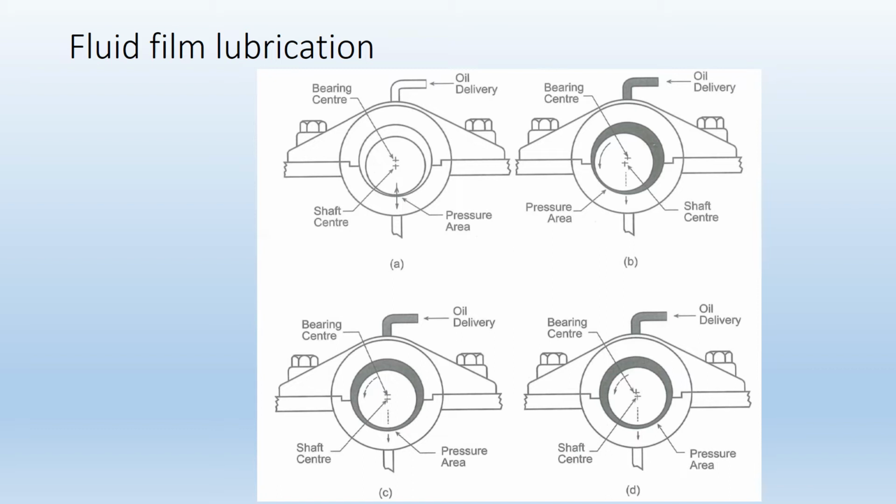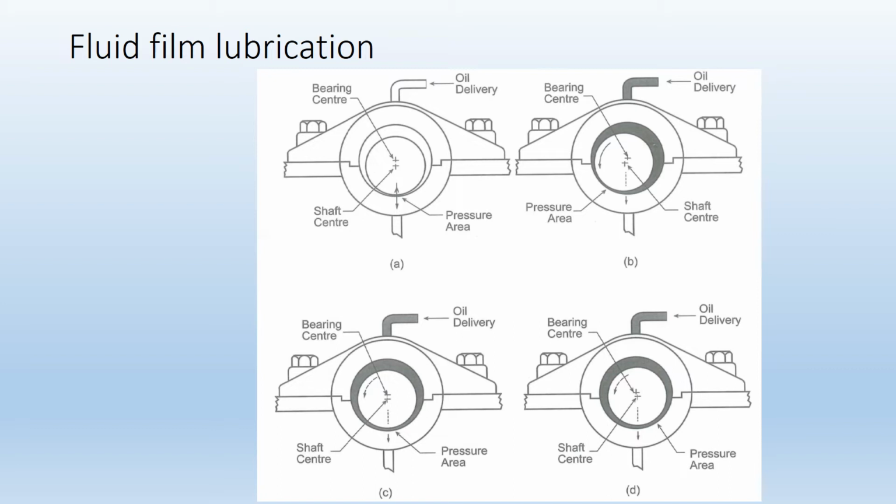So it's going from a state of boundary lubrication only in A, and in B, there's still boundary lubrication, but as the shaft starts to rotate, it's going to pull molecules of oil underneath itself to help suspend itself away from the journal bearing.